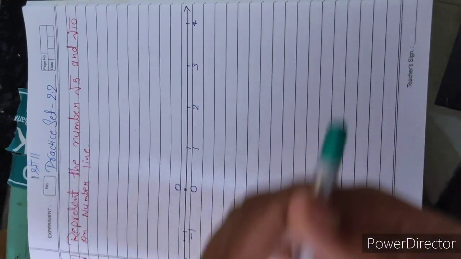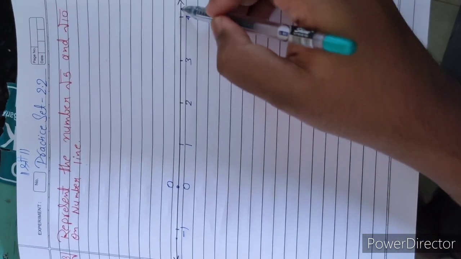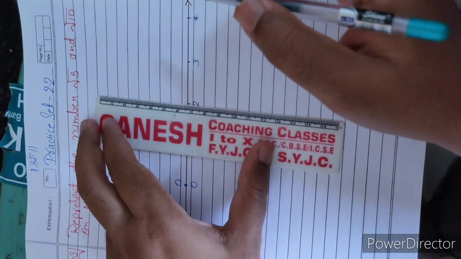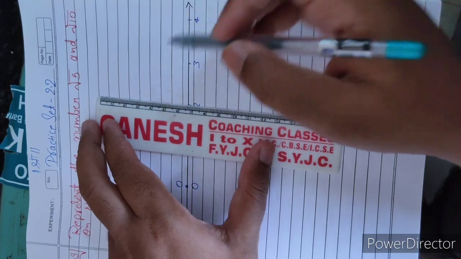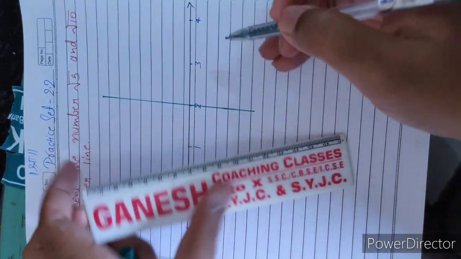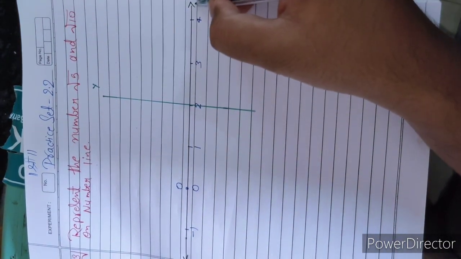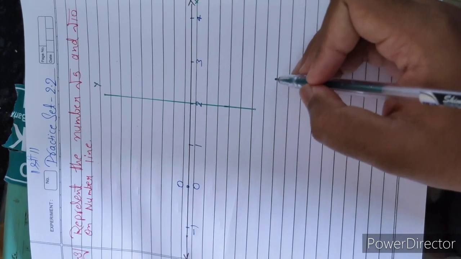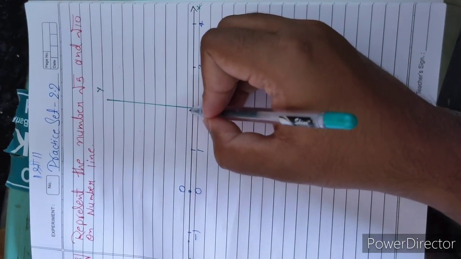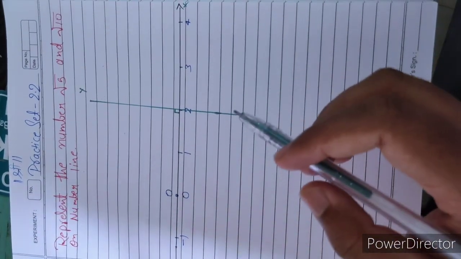Here we are putting 2 on the x-axis, and from 2 we make a perpendicular line. This perpendicular line will be denoted by the y-axis direction, and this flat line by the x-axis. This line is perpendicular, so we denote it by 90 degrees.